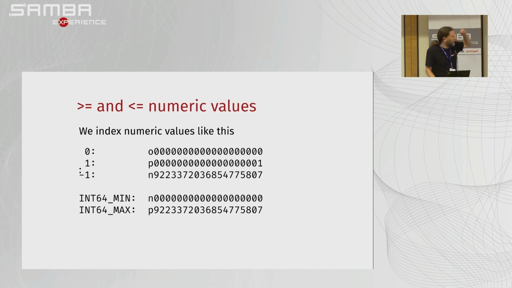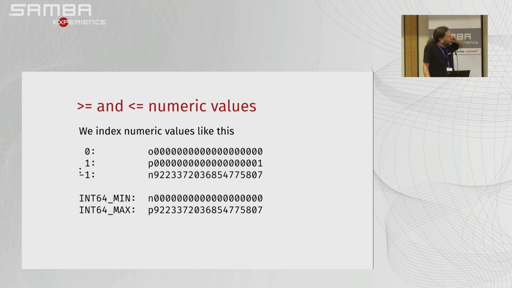So we came up with this strange system of storing the numeric values in this format, where you go n for a negative number, o for 0, and p for a positive number, so the consecutive letters sort, so the n sorts below the o and the p.